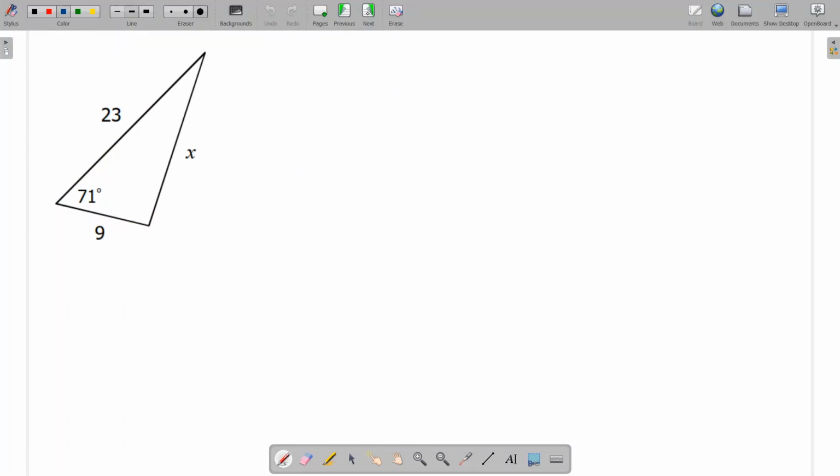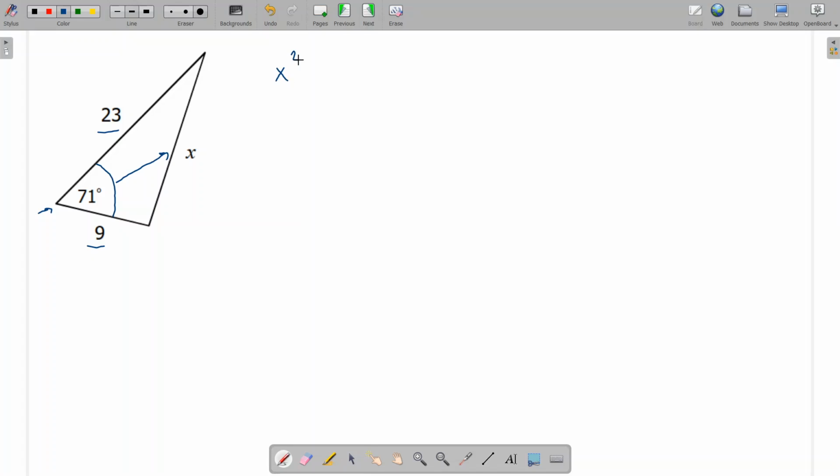So let's see what we have here. We have an angle with its opposite side, and we have two other sides. So this would be side angle side. I have a side, I have an angle, and I have a side. So we can use the law of cosines here to find x. Because I'm solving for x, that's going to go on the left side.